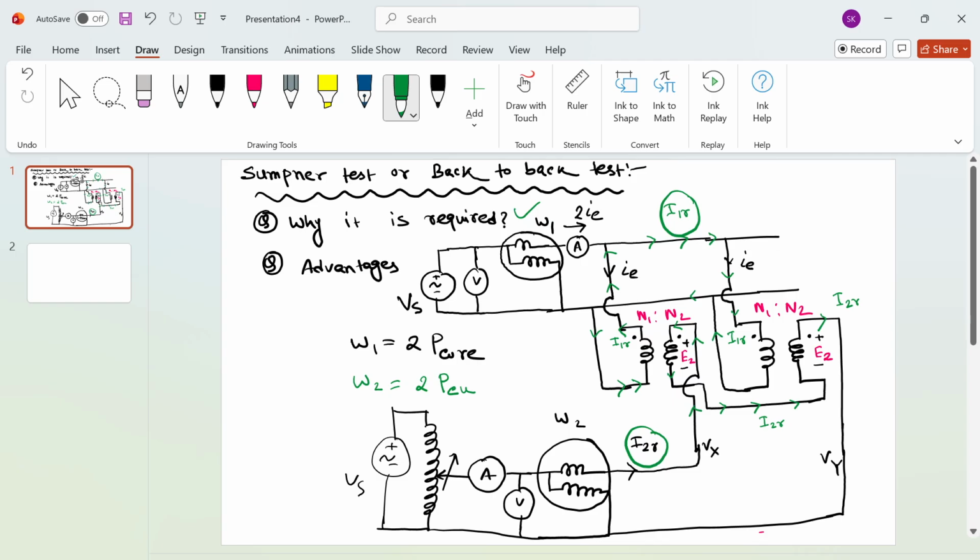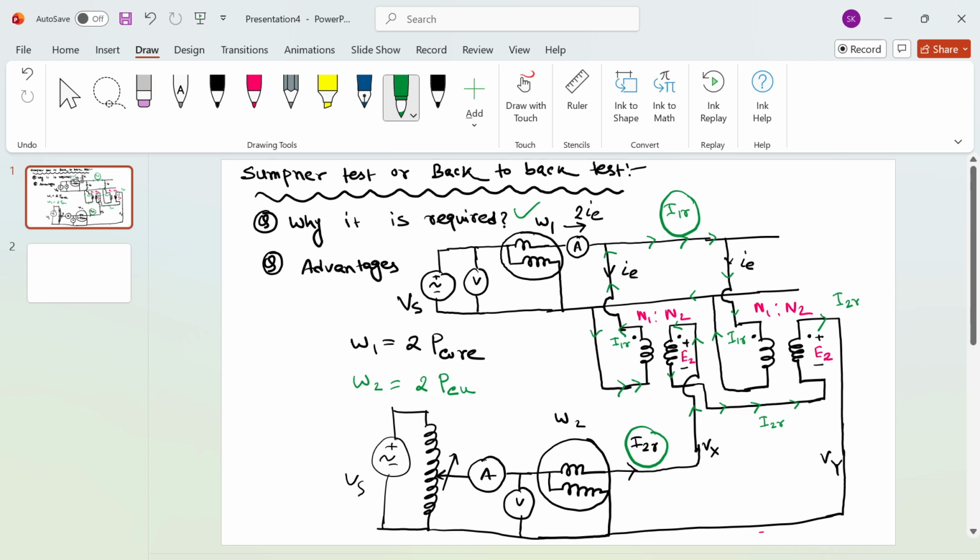You need not even connect a physical load to calculate full load core loss and copper loss. You have these 2 wattmeters, the supply, this ammeter, voltmeter and all. You can adjust the voltage to get rated voltage so that you can get the rated core loss. Also you can vary the turns ratio to get the rated current, and with the help of the rated current you can also get the rated copper loss.